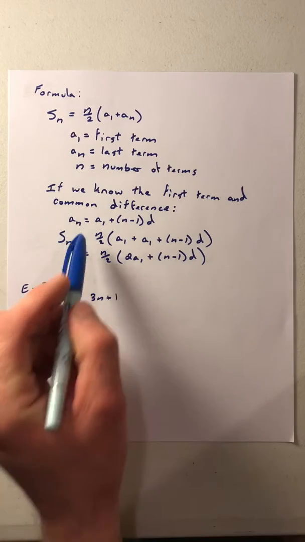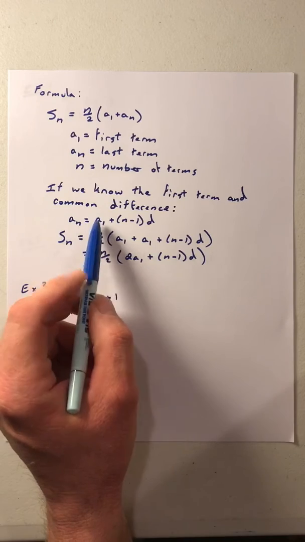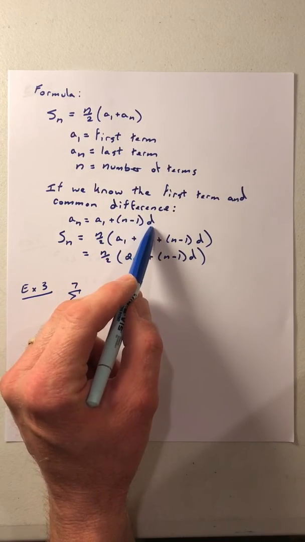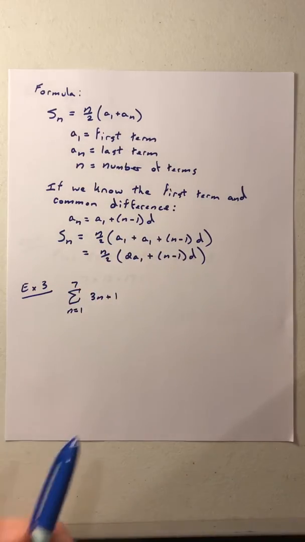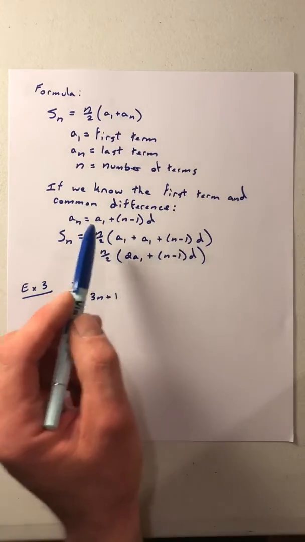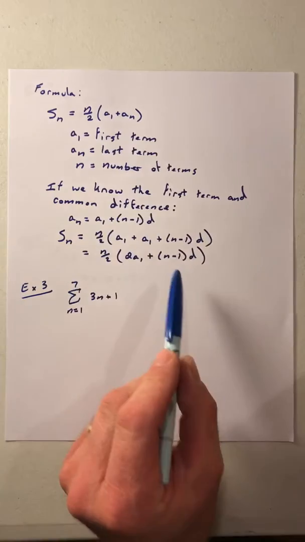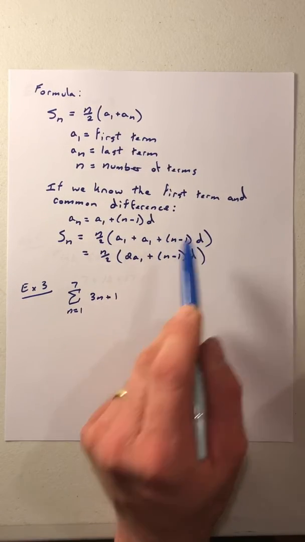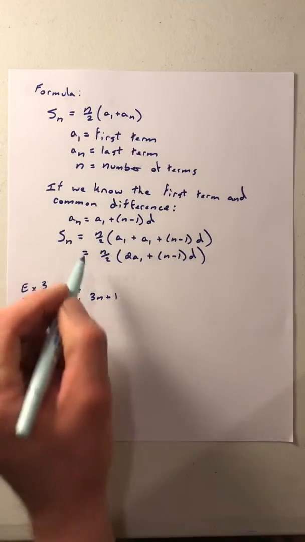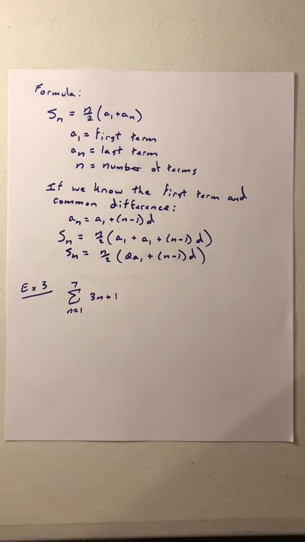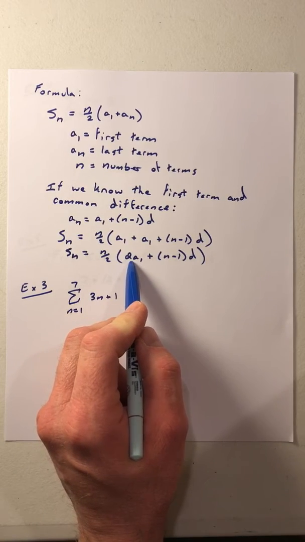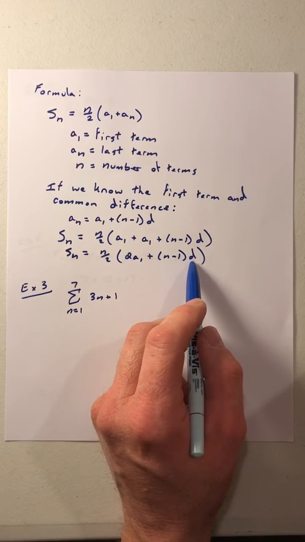Well, we know that the nth term is the first term plus n minus 1 times that common difference from our previous lessons. So if I replace that a sub n with a sub 1 plus n minus 1 times d, it'll give us another equation, which may be useful if we know the first term and the common difference.